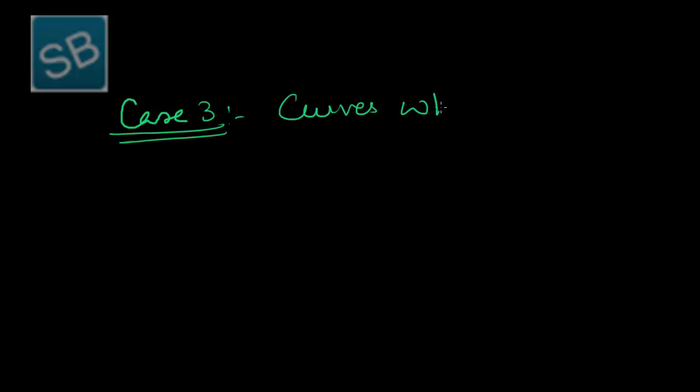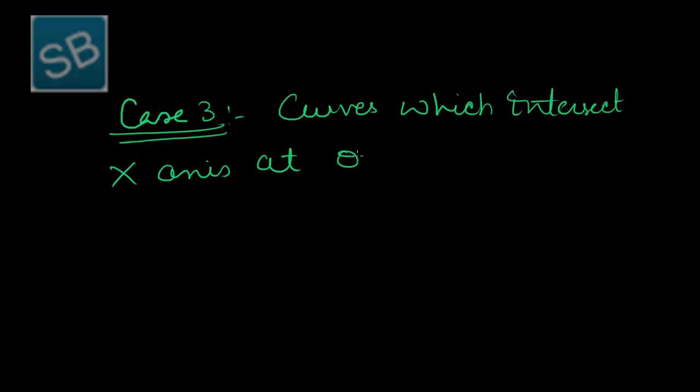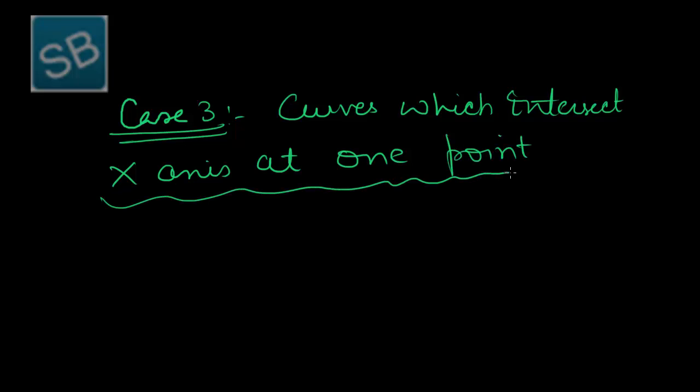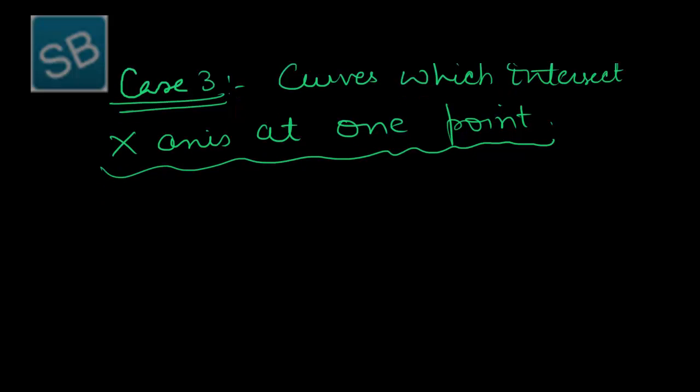Now the next is case 3. Curve which intersects the x-axis at one point. We will see in the diagram, this is the x-axis, this is the positive y-axis, this is the negative y-axis, this is the origin.